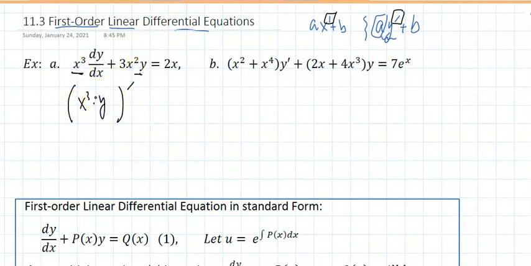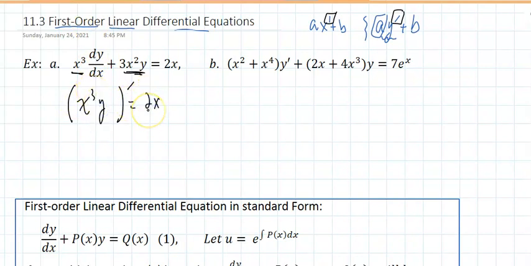If I take a derivative of this with respect to x, of course, then that's going to be the derivative of the first, 3x squared times y, it's right there, plus x cubed times dy dx right there. This is differentiation.